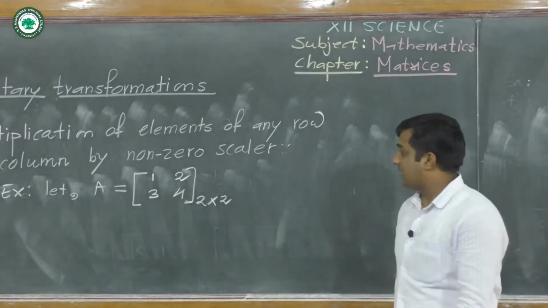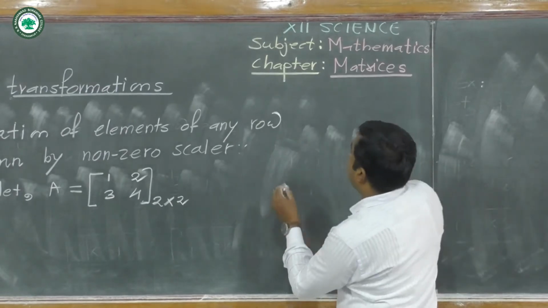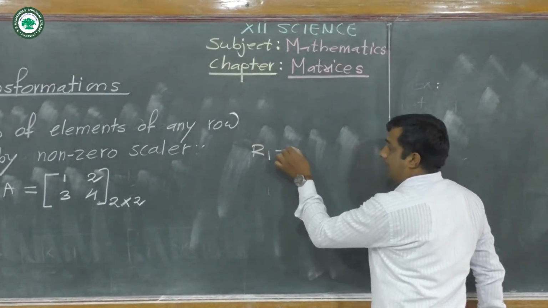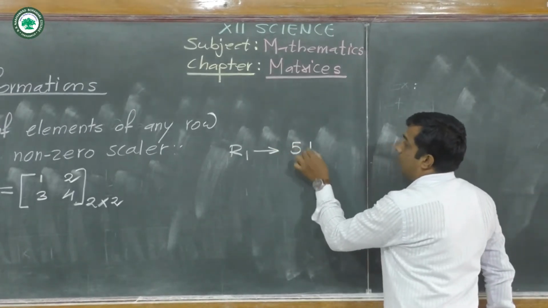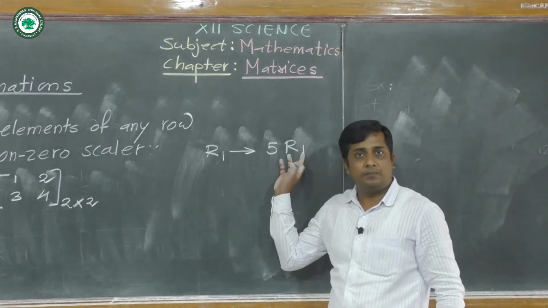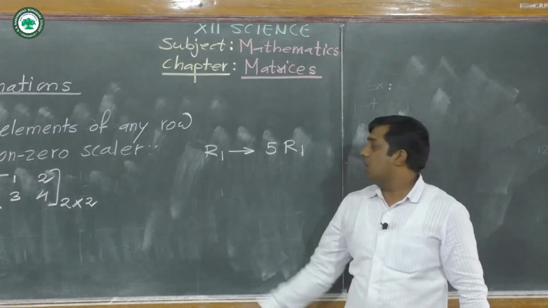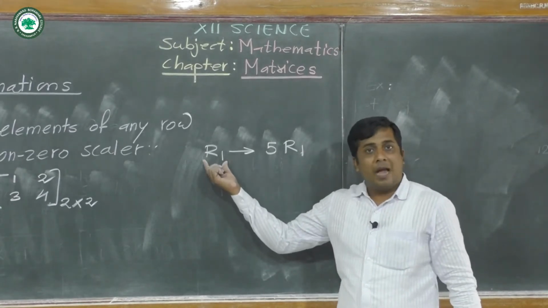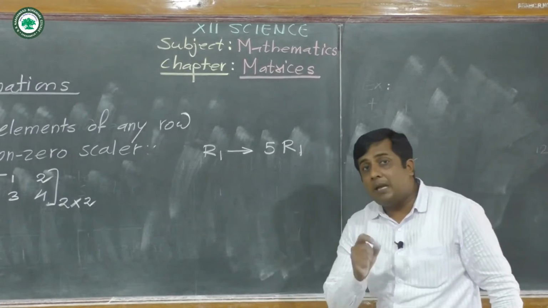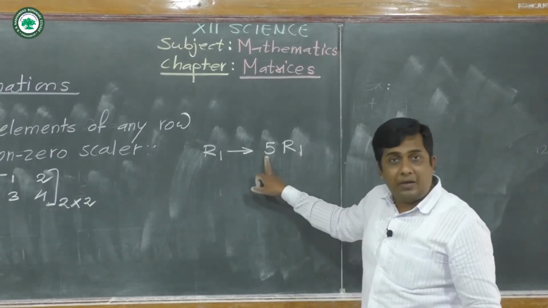Let us consider the transformation, row first implies 5R1, that is 5 row first. Now here we perform the operation on this row first, and the operation is here 5 into R1, that is we multiply each element of the row first by the 5.